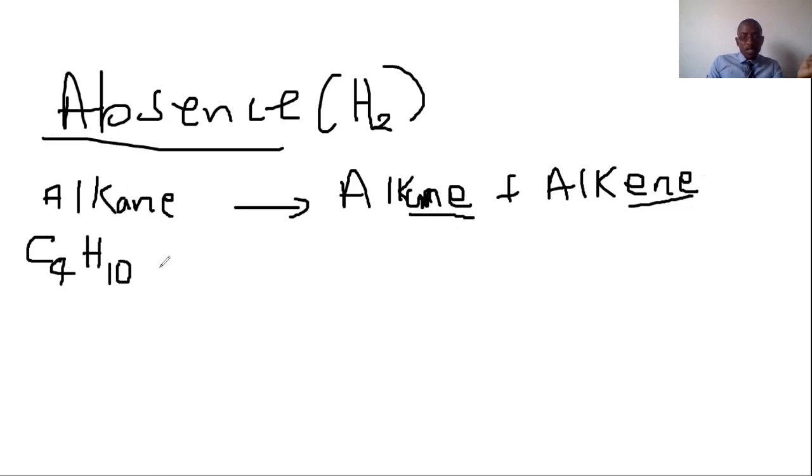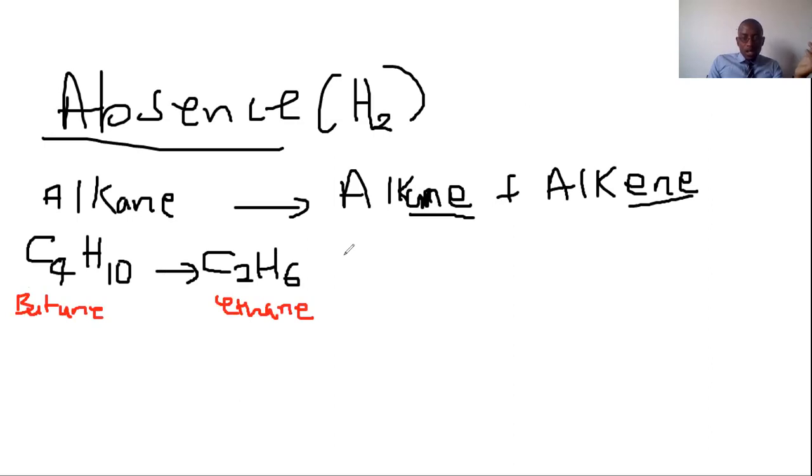That is butane. Butane undergoes cracking in the absence of hydrogen. It produces an alkane of C2H6. This is butane, and this is ethane. So that is the alkane produced.